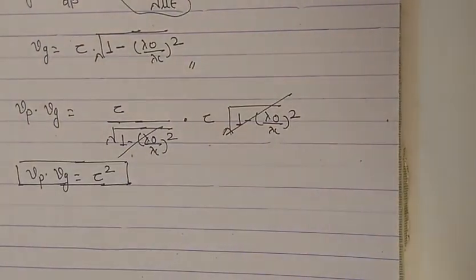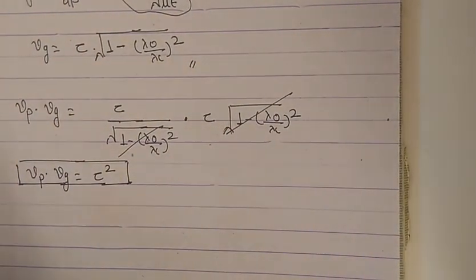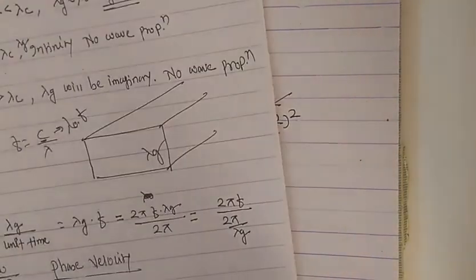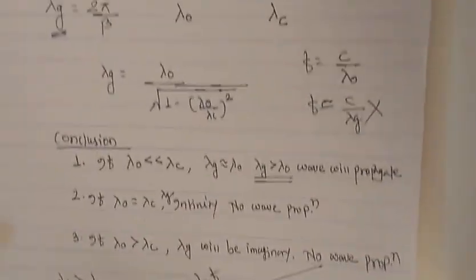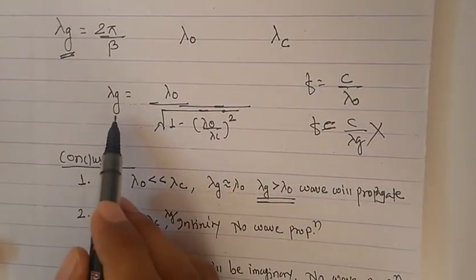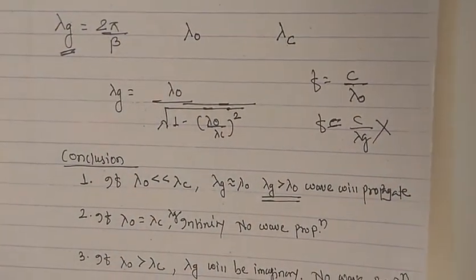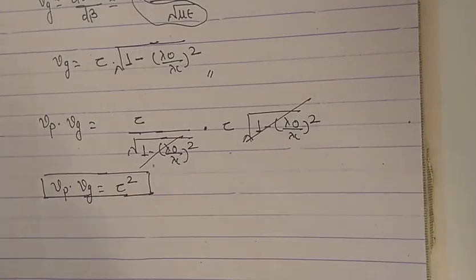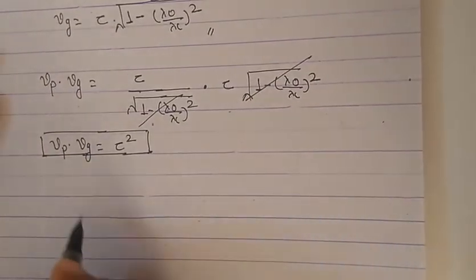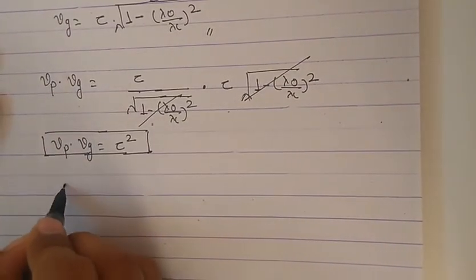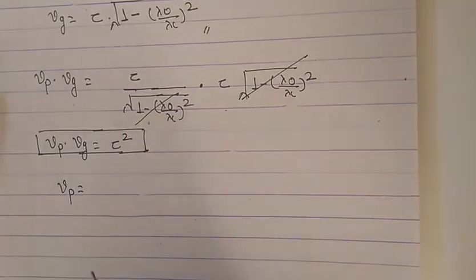Before concluding this lecture, at the start we said that we have a relation among lambda g, lambda 0 and lambda c. So let us try to derive this relation. Just now you defined Vp.